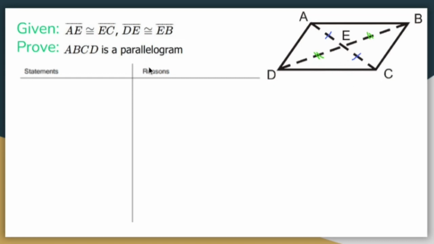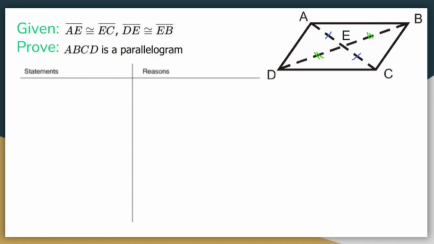I'm not given a ton of information about angles, consecutive angles, or anything like that. Consecutive angles would be like this whole angle A and that whole angle D. I'm not given any information about those. I'm also not given any information about opposing angles, which would be like that whole angle D and that whole angle B. So I'm going to do the sides thing because I'm given a lot of information about the sides.